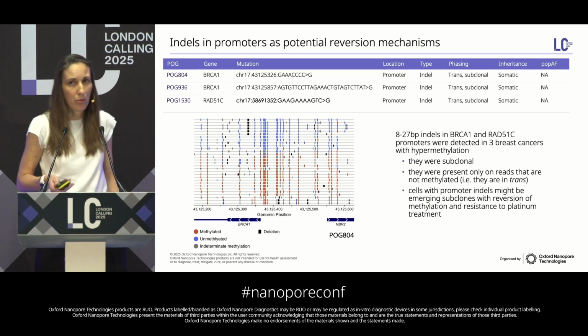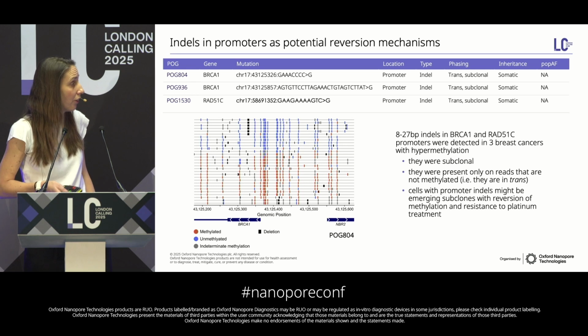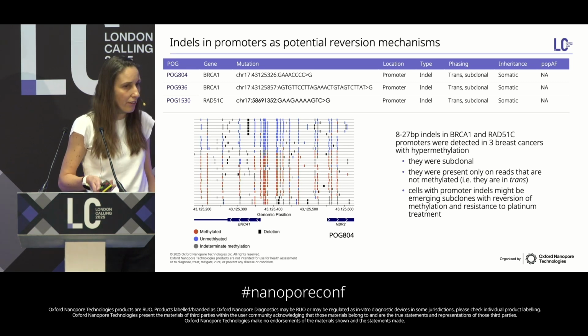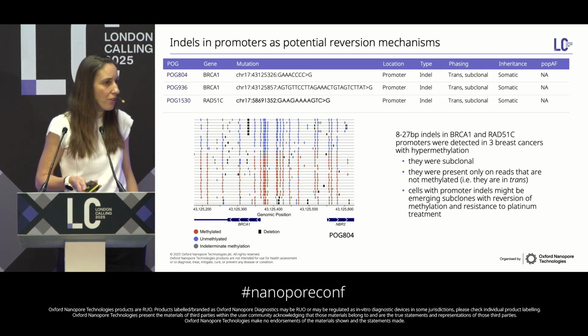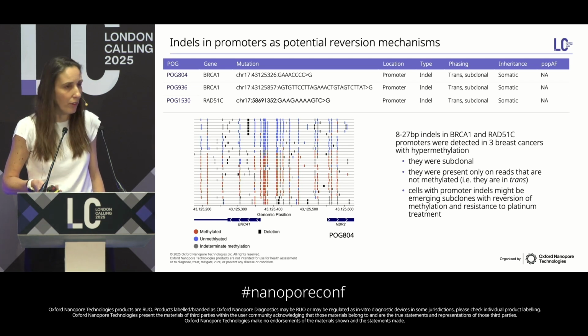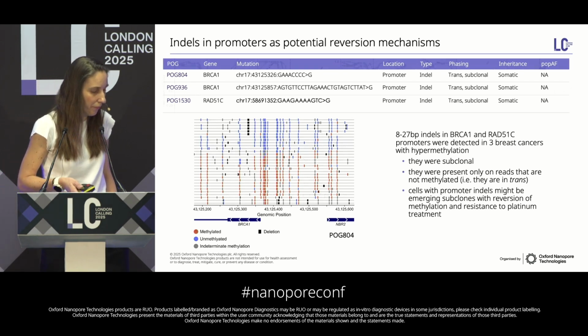So the indels are present on the non-methylated reads. So that's why we suspect that the cells with these indels might be emerging subclones which are resistant to treatment, and this is a mechanism for a reversion of methylation.